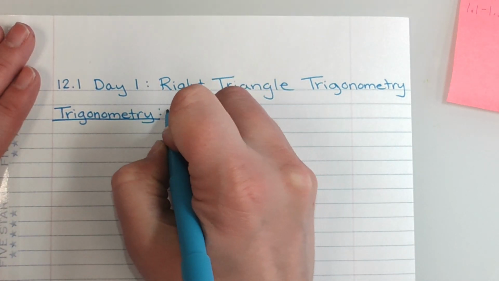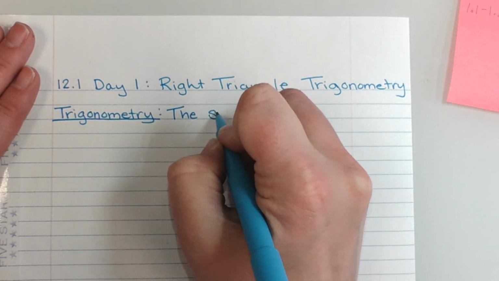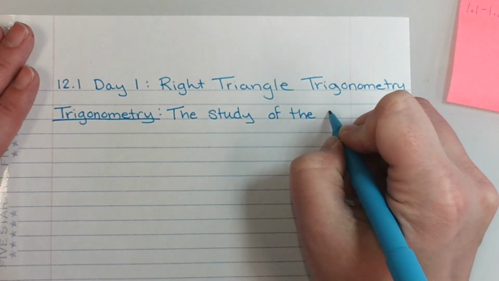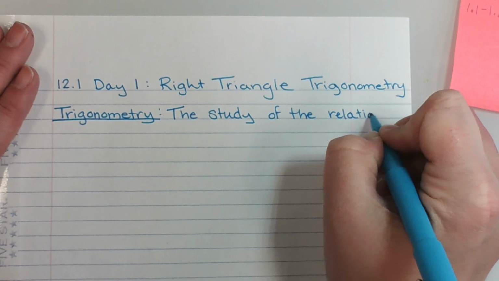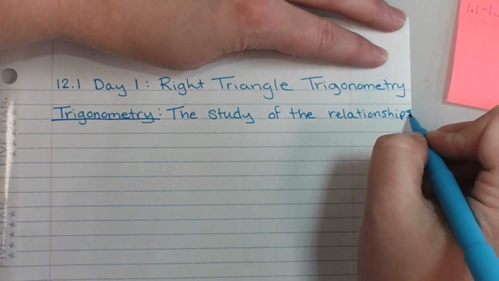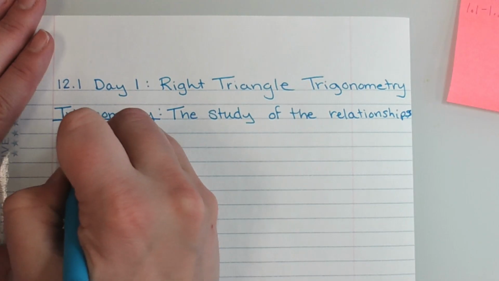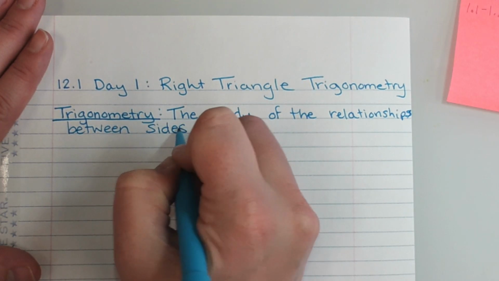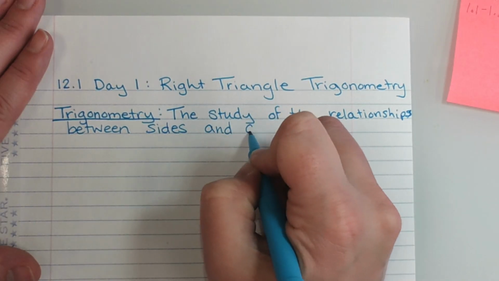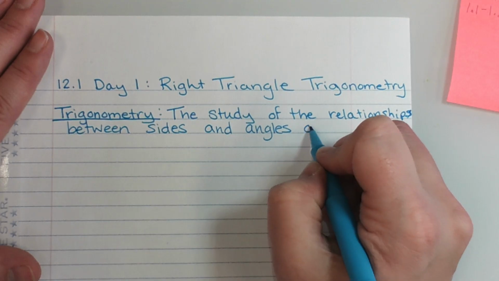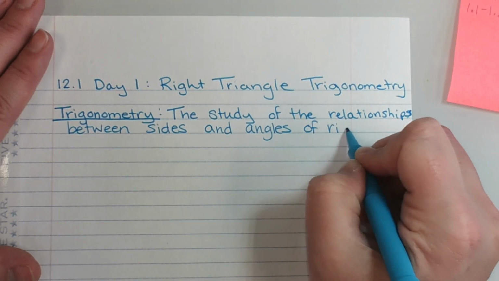So trigonometry, by definition, is the study of the relationships between sides and angles of right triangles.